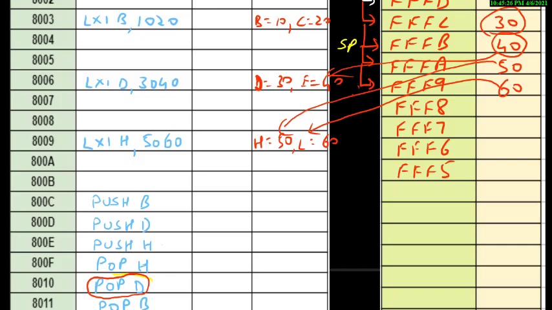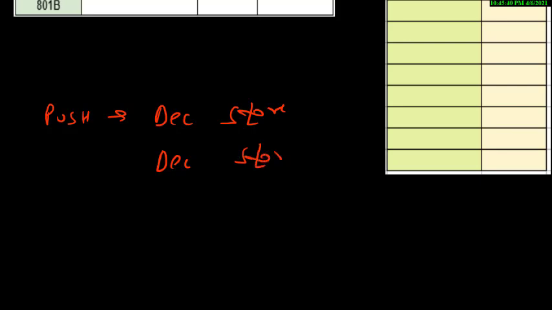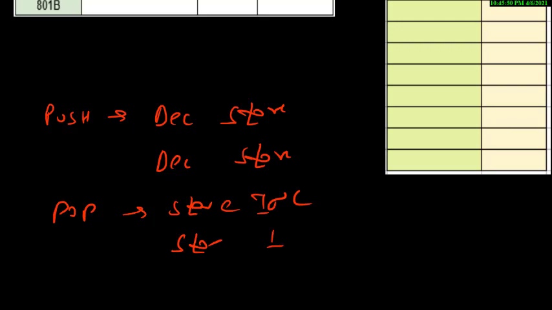So the basic thing here is, with the push instruction, it is decrement, store, decrement, store. With pop, we have store, then increment, then again store, then increment.